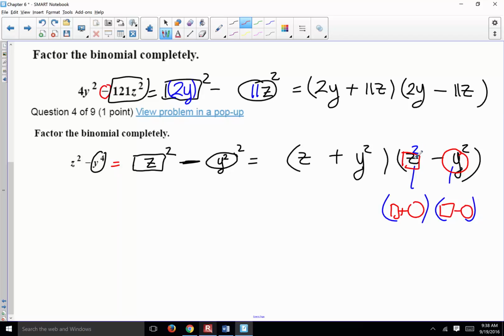But z doesn't have a square, so we are stuck. This doesn't factor anyways because it's plus. Pluses won't factor, but minus, if this would be a square, I could break it. But now without a square, I cannot. Okay? I need at least a square on each to break it more.